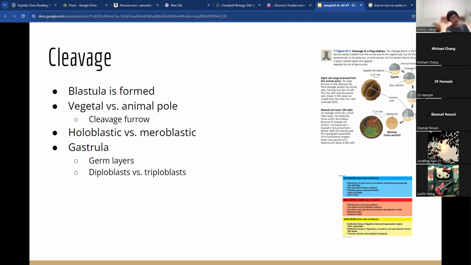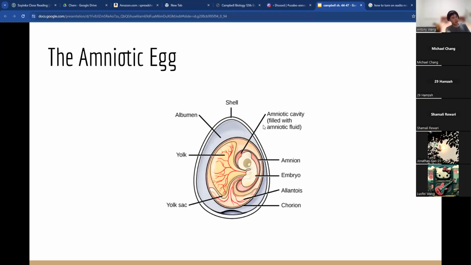That's about it. Now let's talk about the amniotic egg. There are four things you should know. One, the embryo. Next, the amnion, the fluid-filled sac that cushions the embryo, which is where it gets its name. Then, moving down, you have the allantois and the chorion.